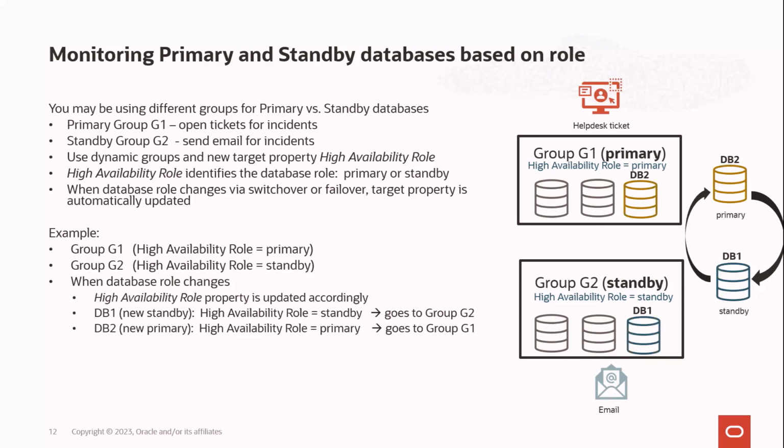This in turn will make DB2 automatically become a member of the primary group G1, and DB1 will automatically become a member of standby group G2. There are a couple of steps to enable the use of this new target property, and the MOS note referenced below has instructions on how to do so.